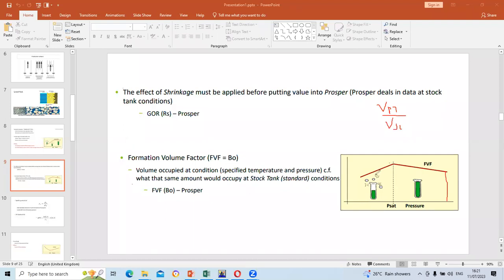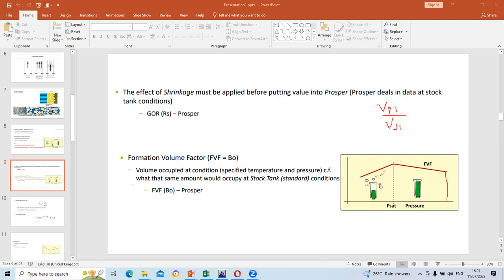Below the bubble point, that is when gas starts being liberated. That's when gas is evolved now from the oil. When gas evolves from the oil, it starts shrinking. When the oil starts shrinking, the reservoir volume now is reducing. Remember, there is also expansion, which we have already explained here. Pressure is reducing, the oil is expanding, but the effect of gas outweighs the effect of that expansion due to reduction in pressure.